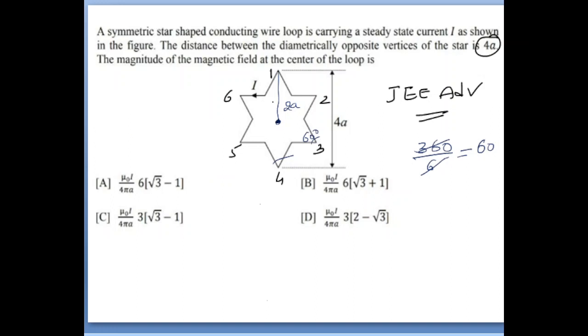When I draw a line which bisects this 60 degree vertex in the middle, how much angle will this be? 30 degrees. I hope you understood. This angle will be 30 degrees.